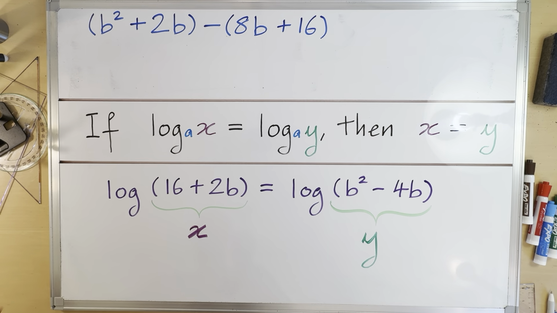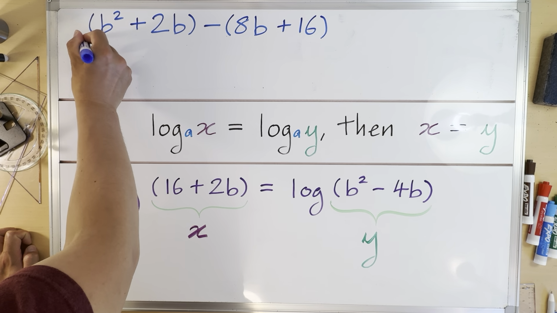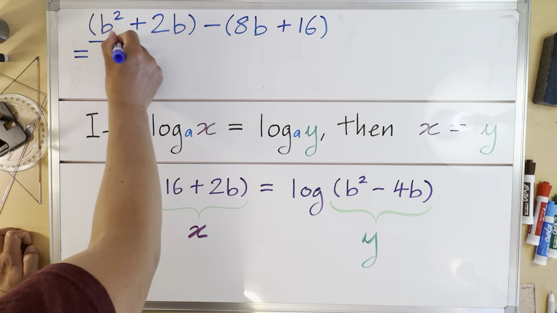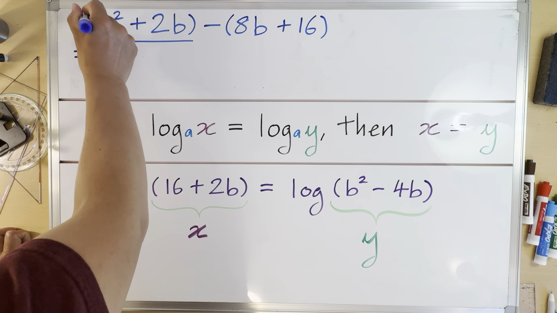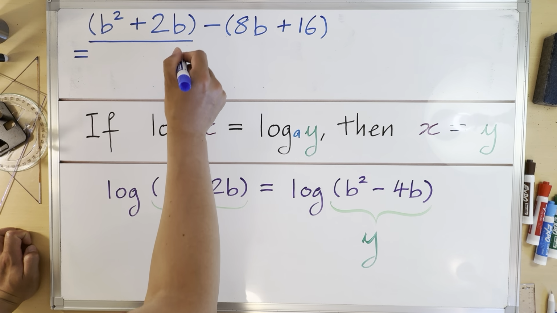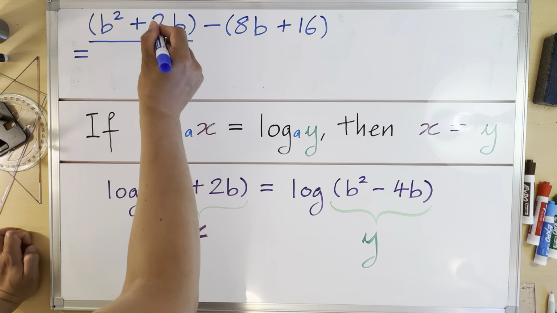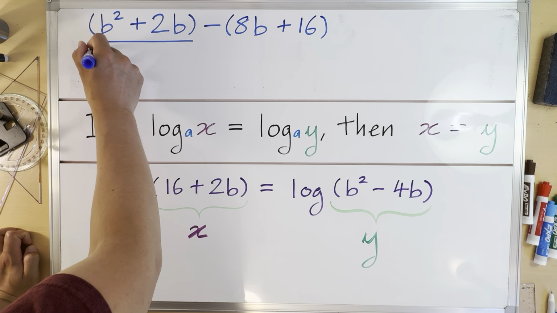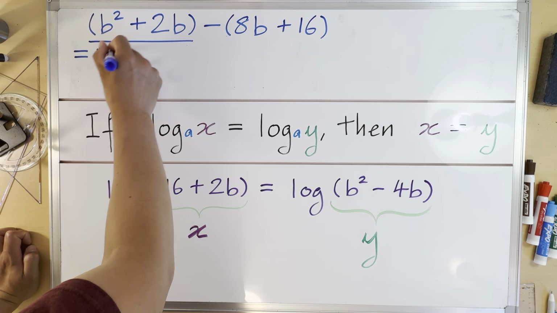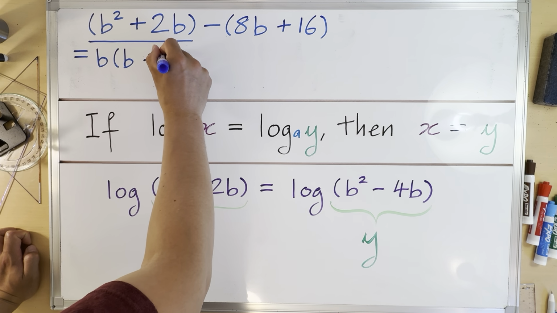Now, what we can do is that in the first set of terms, inside of the first set of brackets, the common factor that we can factor out would be the variable letter b. So let us do that. So this will be b times open bracket b plus 2.